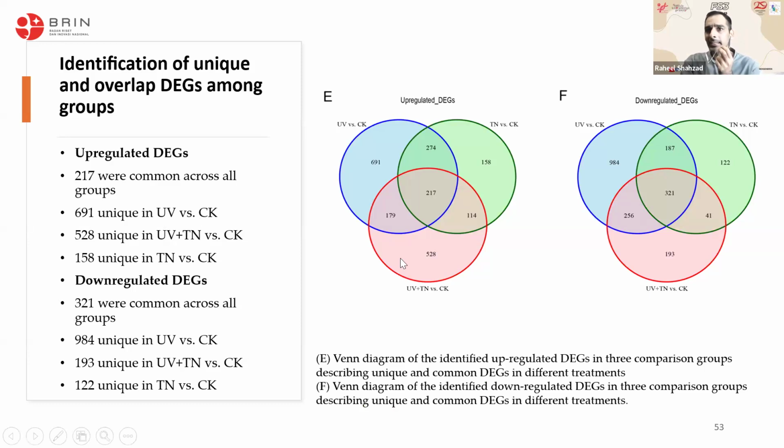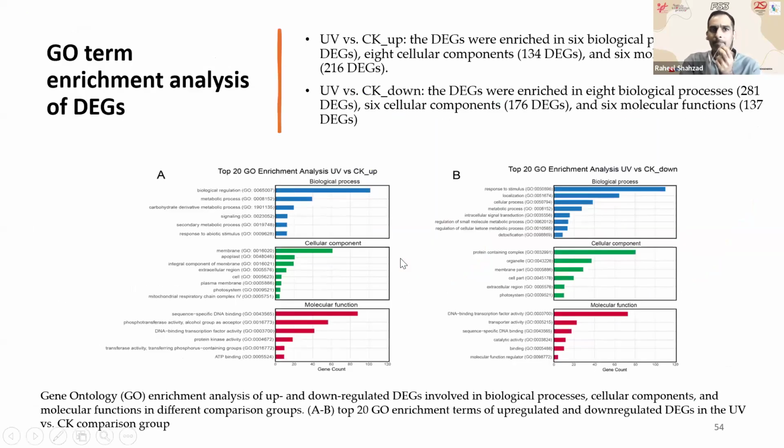But then the real part is going into the biological and finding out the enriched biological or cellular processes, which we did. I'm sorry, it needs a very detailed discussion, so I will just go through it.